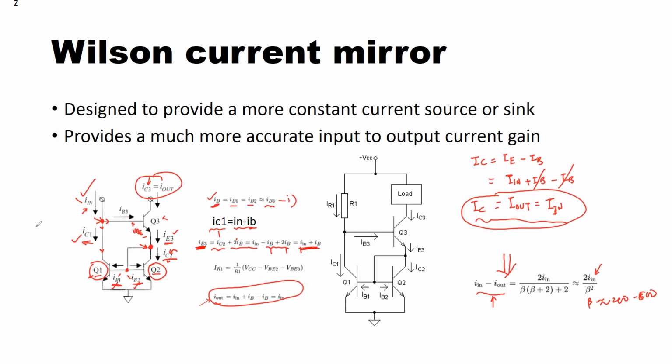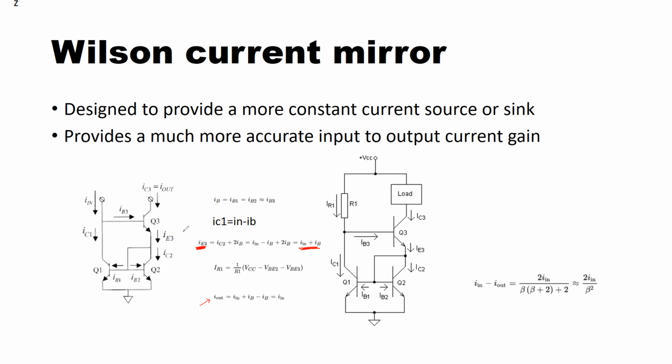Now we have done some analysis of how the Wilson current mirror works. It has the advantage of a more accurate input to output current gain, and it has the advantage of higher output impedance.